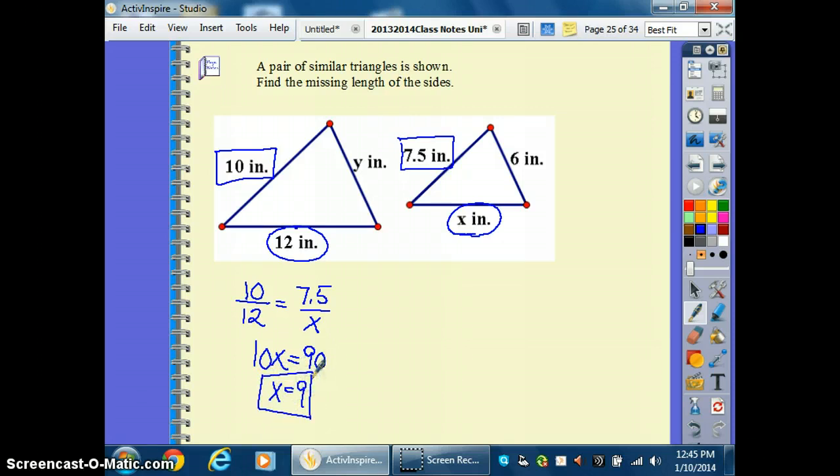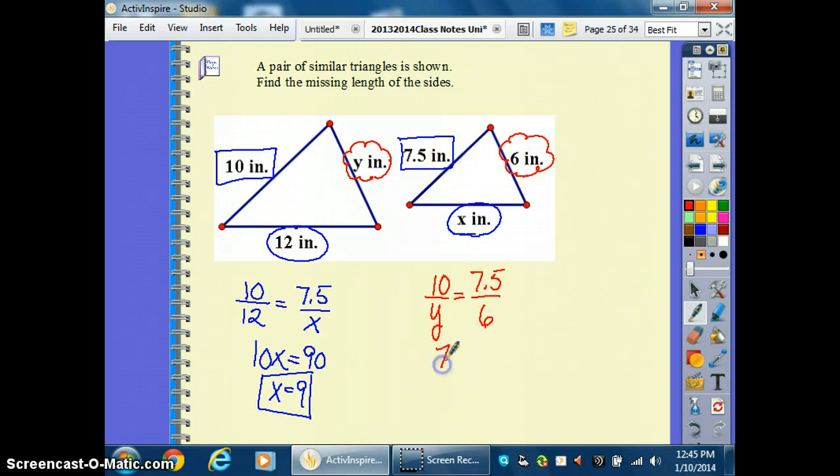Okay, and then we need to find y. Y, put a cloud around it, and this one is 6. They correspond to each other. Again, let's say box is to cloud as box is to cloud. Okay, so box is 10, and its cloud is y, and 7.5 is to 6.